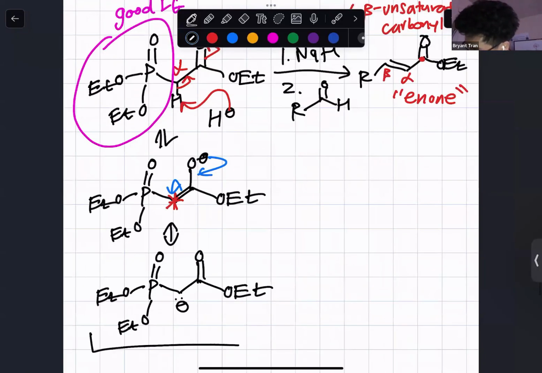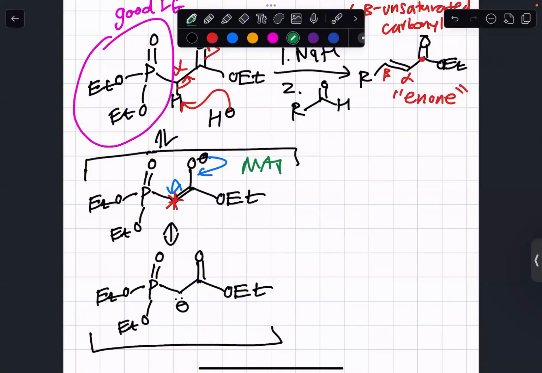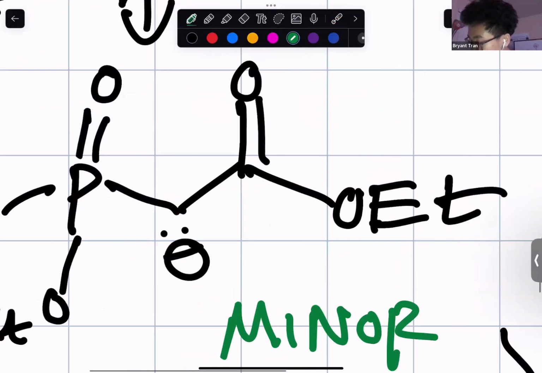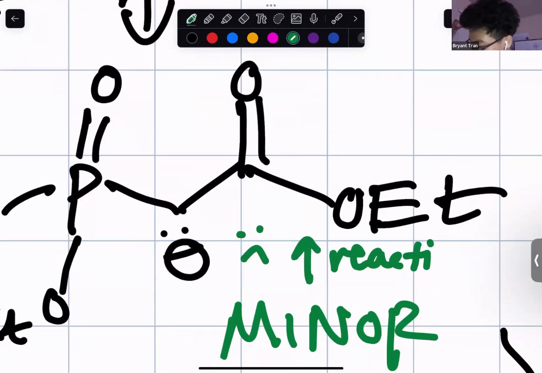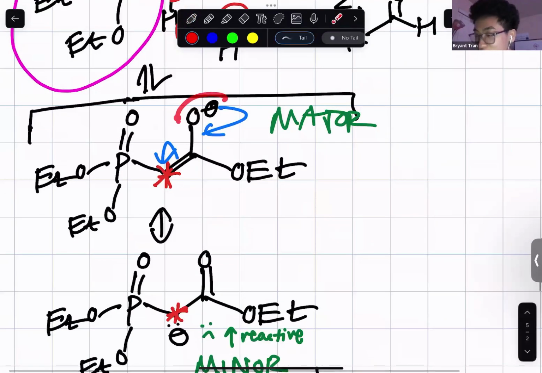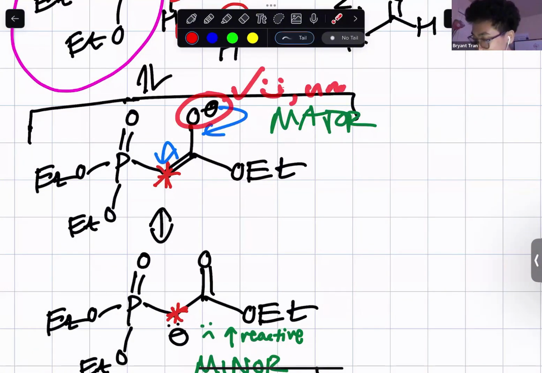If we look at these two resonance structures, the major one is the top one, because the negative charge is more stable on the electronegative oxygen atom. The minor one is at the bottom because the negative charge is less stable on the less electronegative carbon atom. Because this is minor, it is less stable and more reactive. So that's why this carbon with the negative charge is the nucleophile. The O minus is already stable with the negative charge, so it is unreactive.